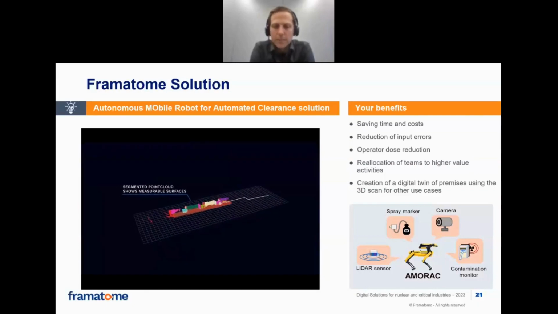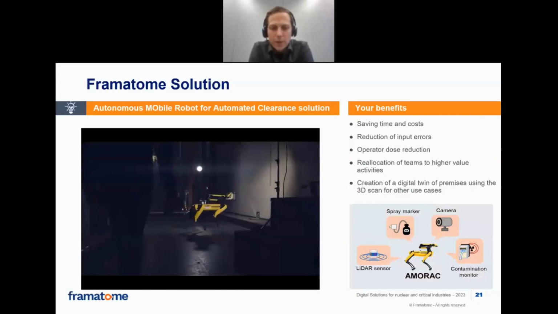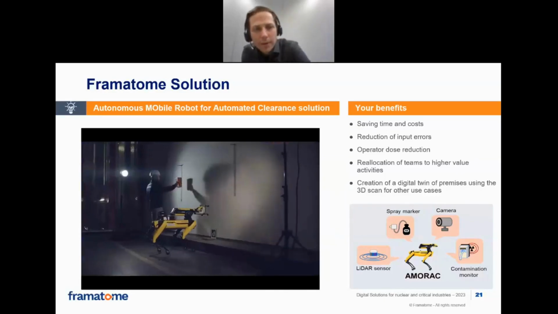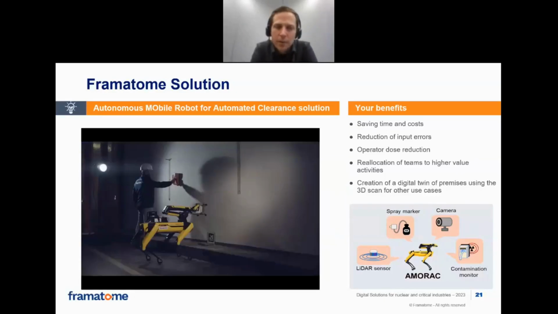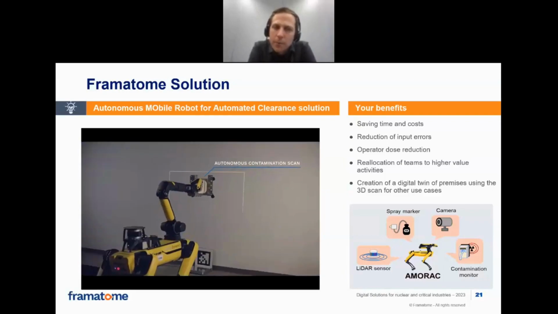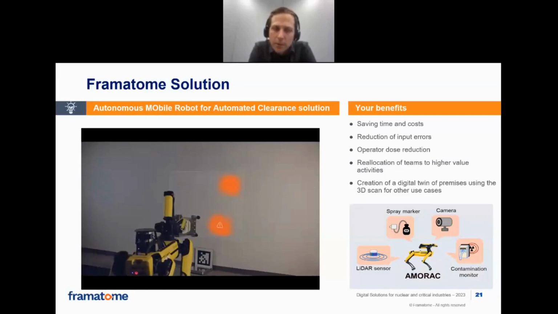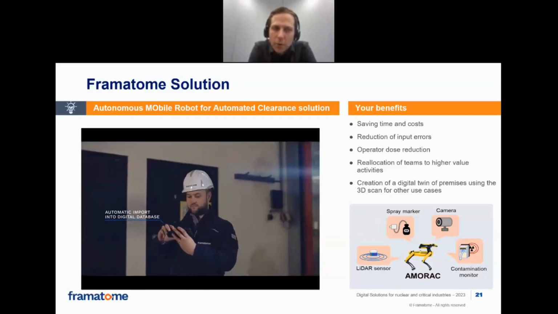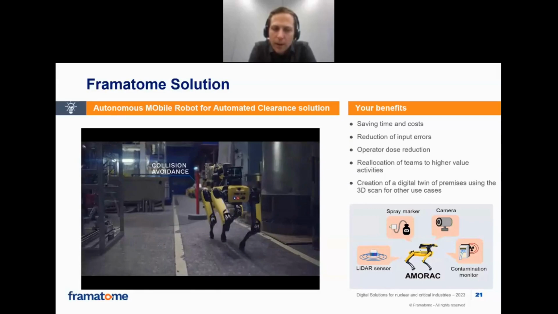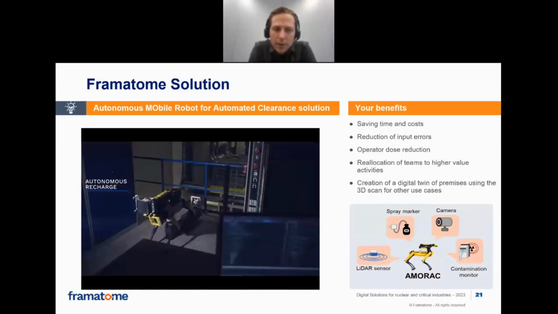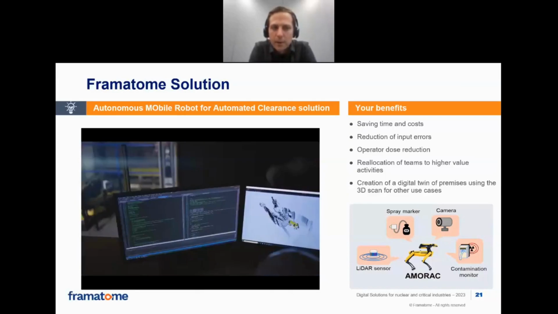Additionally, what is very important, as in the project before, we need a LiDAR system, a LiDAR sensor, in order not only to make the digital twin, but also to make sure that our Amarok can localize in the environment it is operating in.